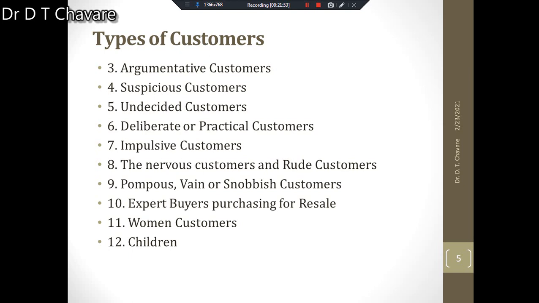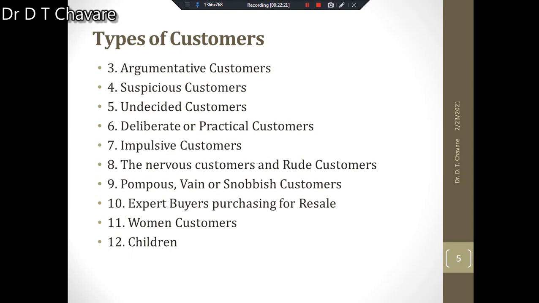Then another type of customer is also there, suspicious customers. Some of them may have genuine doubts about the product, about the quality, about the price, but a lot of customers of this type are unreasonably doubtful about the purpose and intentions of the salesman.